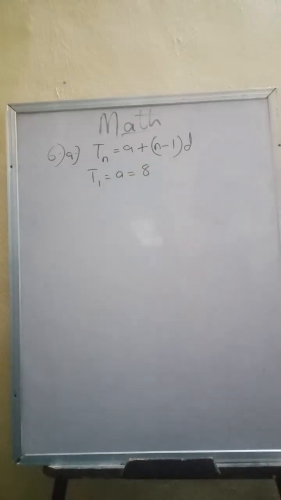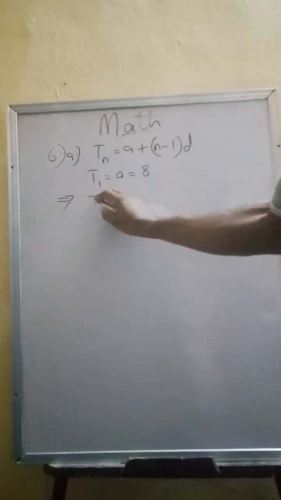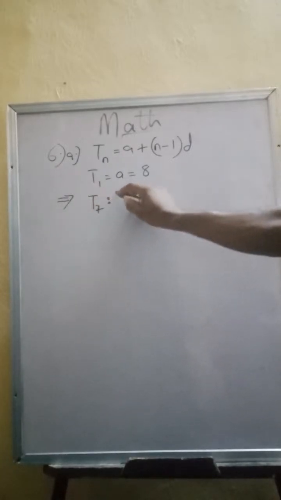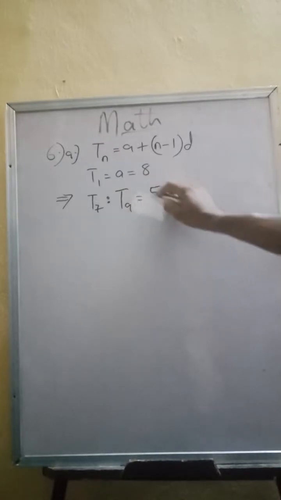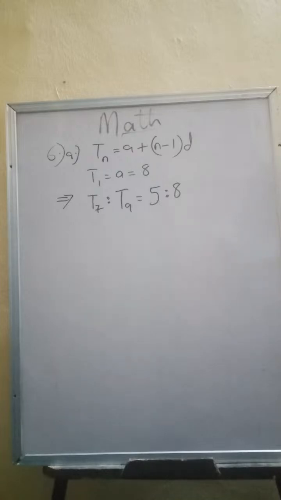If the ratio of the 7th term to the 9th term is 5:8, find the common difference of the arithmetic progression.